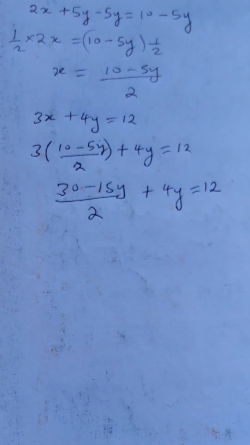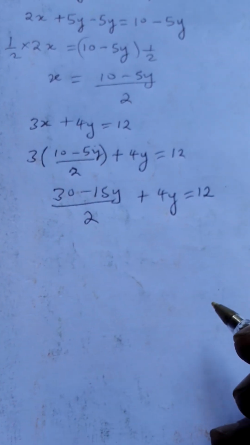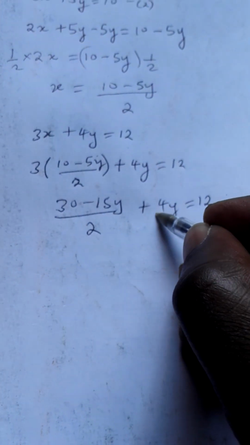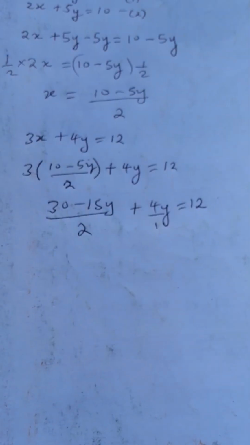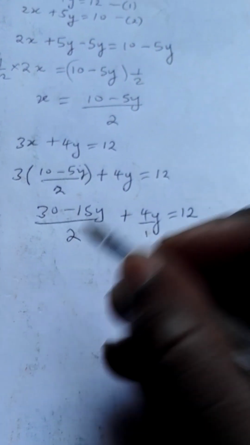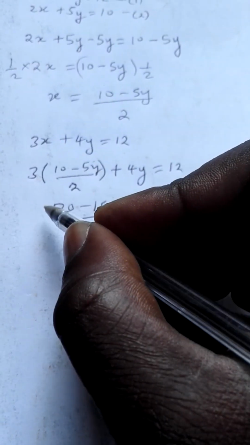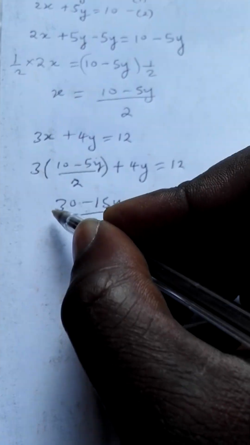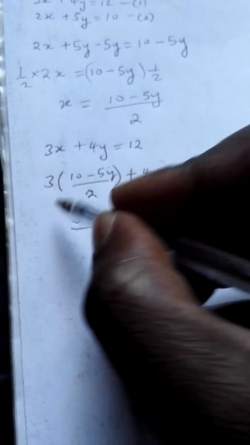Okay, so now what shall we do? Every term can be multiplied by 4 to get rid of the 4 here.